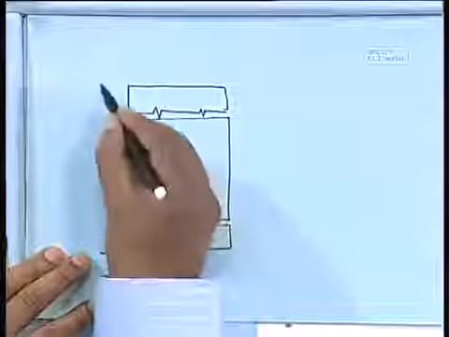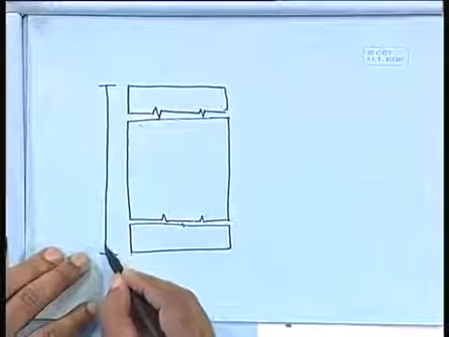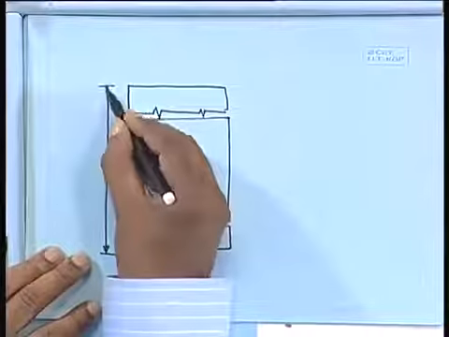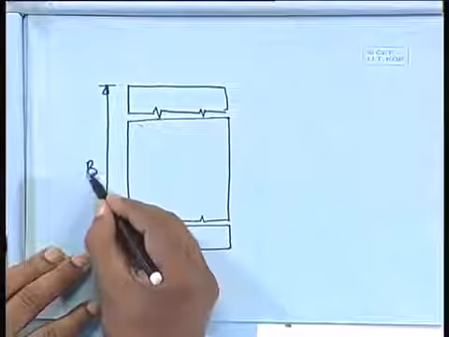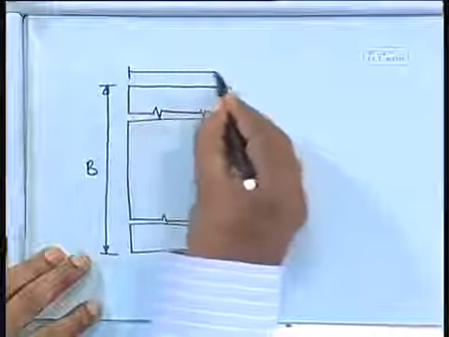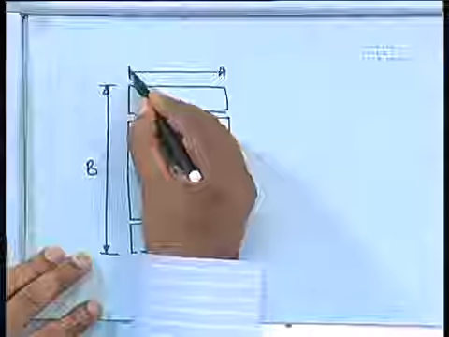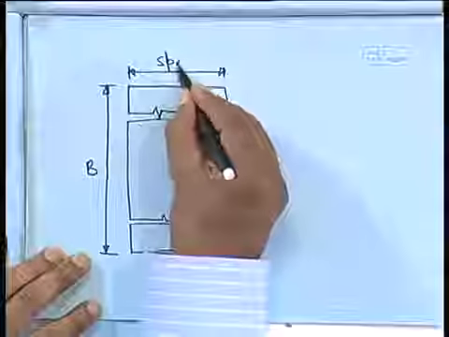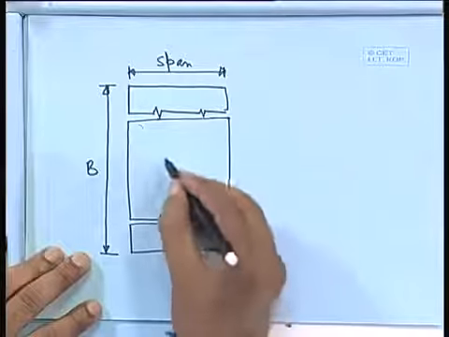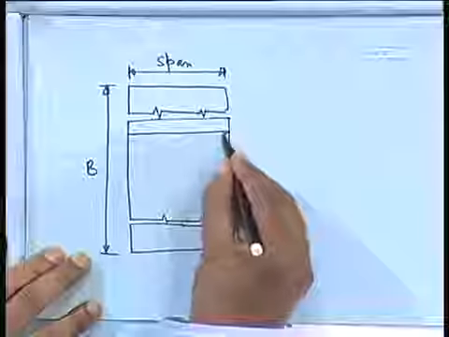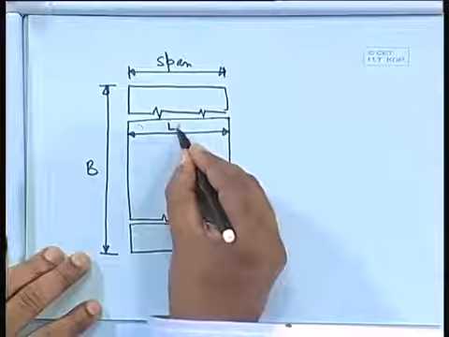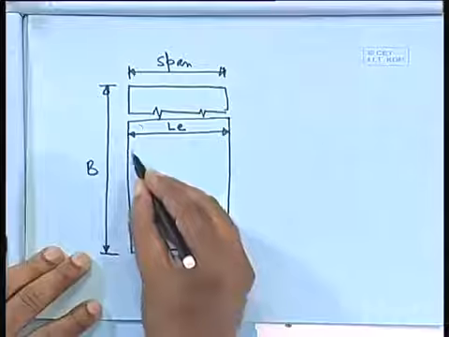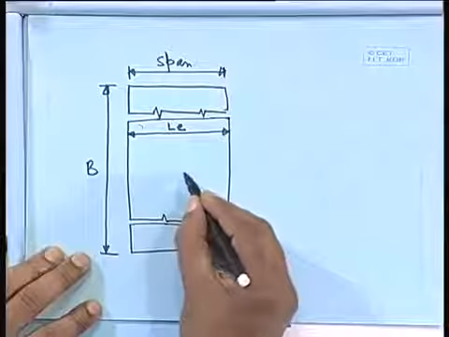If we take this length as B, and this is your span, let us say this is LE, the effective span, and we have a certain impression here.